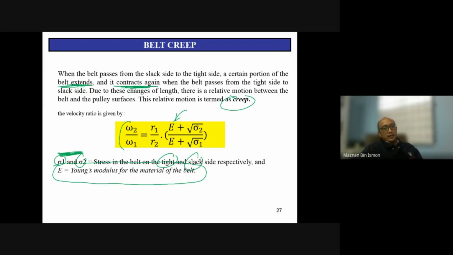Again, this is the actual ratio. This is the theoretical. You have to multiply by the effect of creep. So now it's easy, no need to memorize the formula. The formula is right in front of you. You just have to be alert about where to apply this formula.